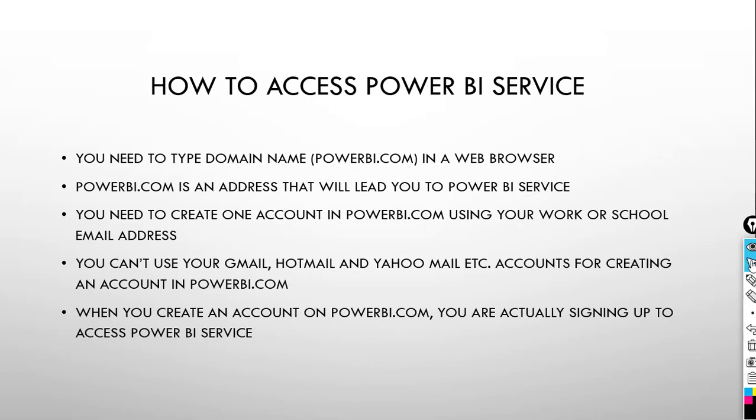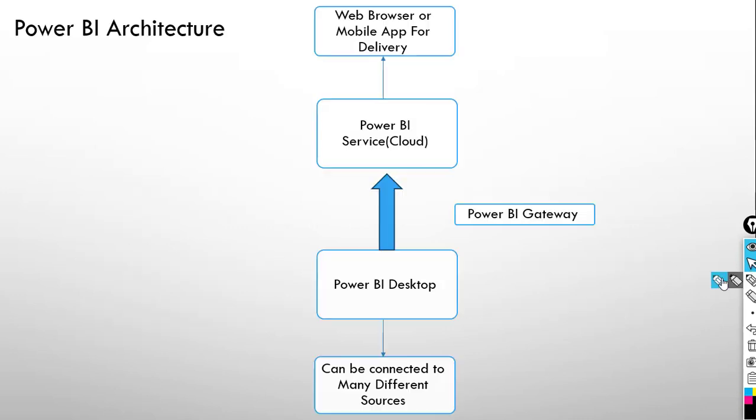So I go back to the architecture slide again. As I told you, using the Power BI Desktop, you can create the visualizations, and this desktop can also be used to connect with many different sources. This is a free application which you can easily download from the internet and install.